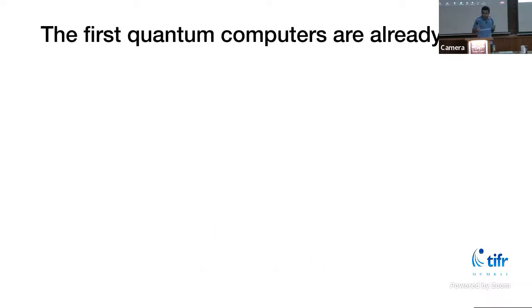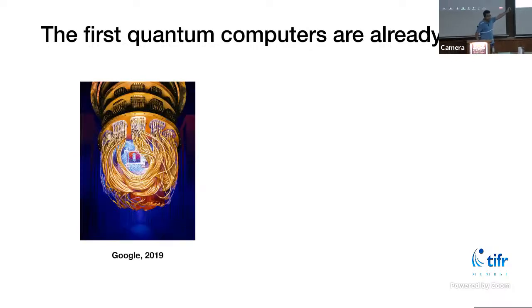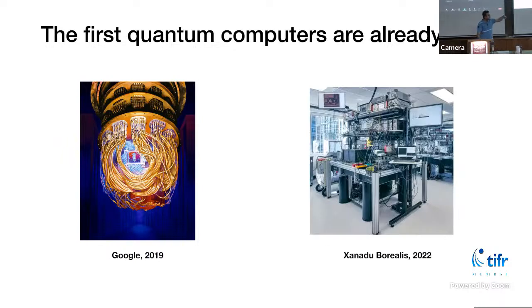The starting point of my talk is that quantum computers are here. For instance, Google had their first quantum speed-up demonstration in 2019. This was followed up by a series of companies and places which tried to replicate Google or come up with their version of quantum speed-up demonstrations.